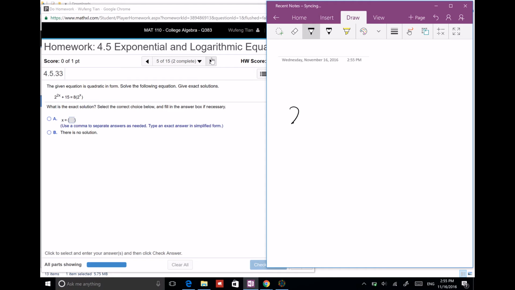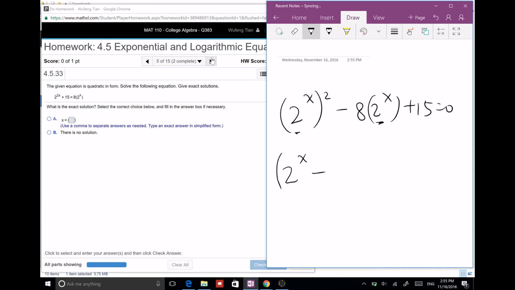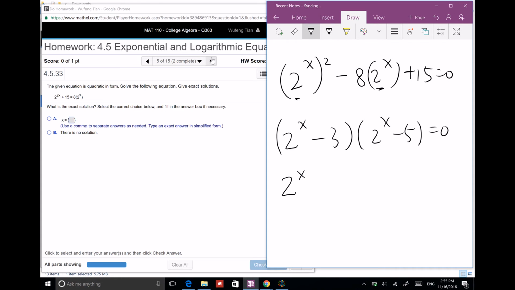Okay, so 2 to the power 2x: you can write 2 to the x, squared, minus 8 times 2 to the power x, plus 15 equals 0. So 2 to the power x is kind of like a u, so you can factor: 2 to the x minus 3, times 2 to the x minus 5, equals 0. So 2 to the x equals 3, 2 to the x equals 5.